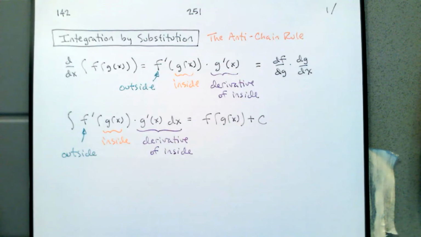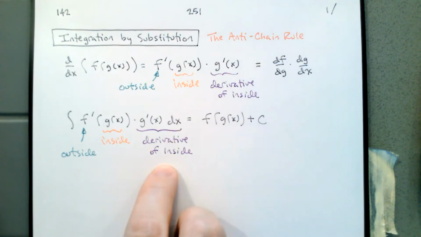Identifying an inside and an outside, that's usually the easier part of the process. We want to make sure, if we're going to do integration by substitution, that we can see as a factor the derivative of the inside. So yesterday, the way I said this was the derivative of the inside as a factor is what makes integration by substitution work. This is how we know we can make this substitution.